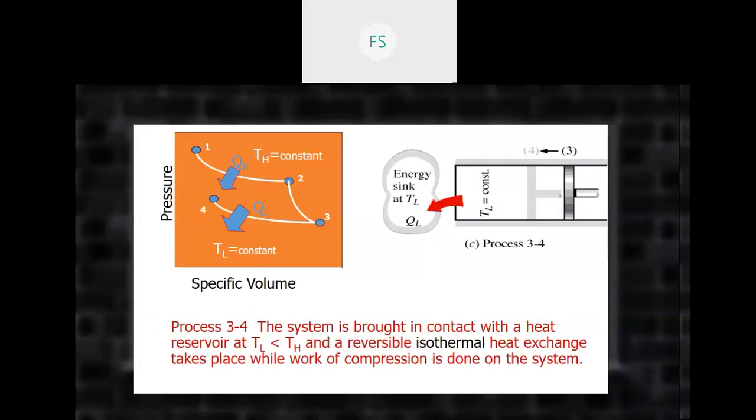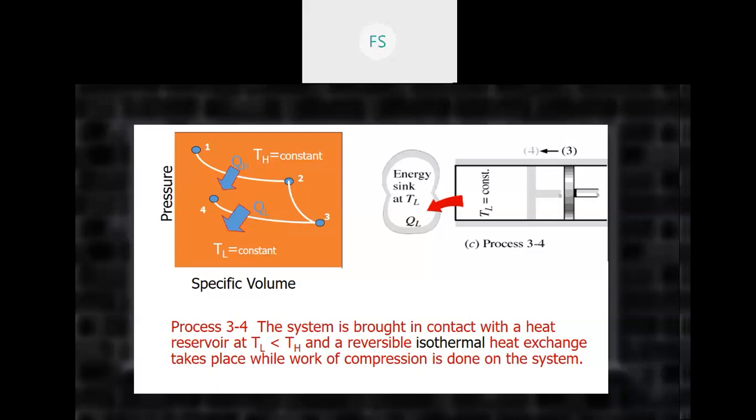The third process, process 3 to process 4, is where the system is brought in contact with a heat reservoir at TL, lower than TH. It is called reversible isothermal heat transfer. Why?